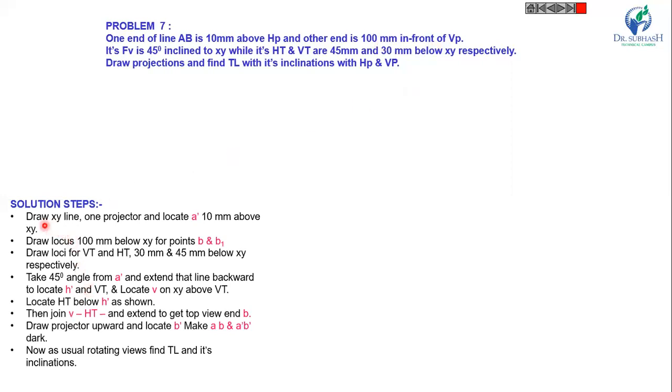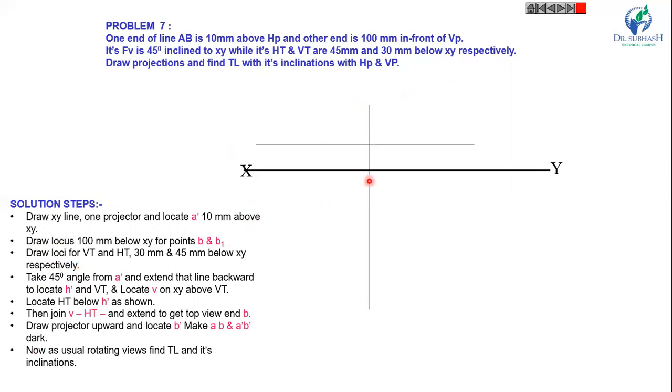So we have to follow these different steps. According to these steps, first of all, draw the XY line and locate the point A dash 10 mm above XY. The position of A is given. From A dash, draw a line at an angle. Now VT is 30 mm below the XY line and HT is 45 mm below XY.